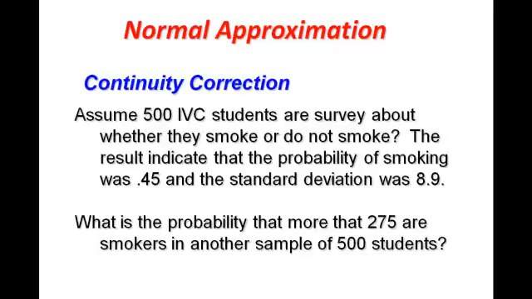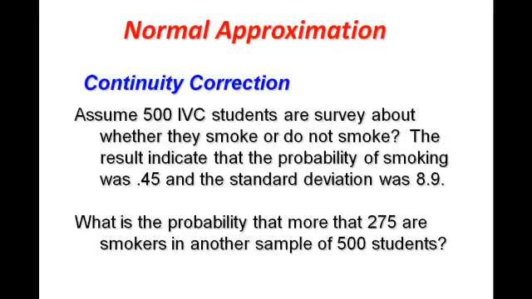The probability of not smoking was 0.55, so 500 times 0.55, which is our 1 minus p, is again significantly higher than 5. So this is one of those cases where you would use the continuity correction. And the question asks, what is the probability that more than 275 are smokers in another sample of 500 students?